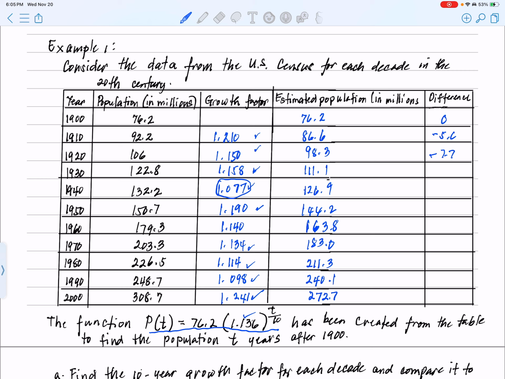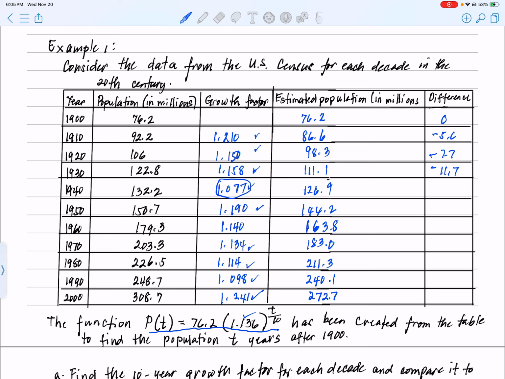So when we have 122.8, get the difference from the estimated 111.1. We have 11.7 difference.